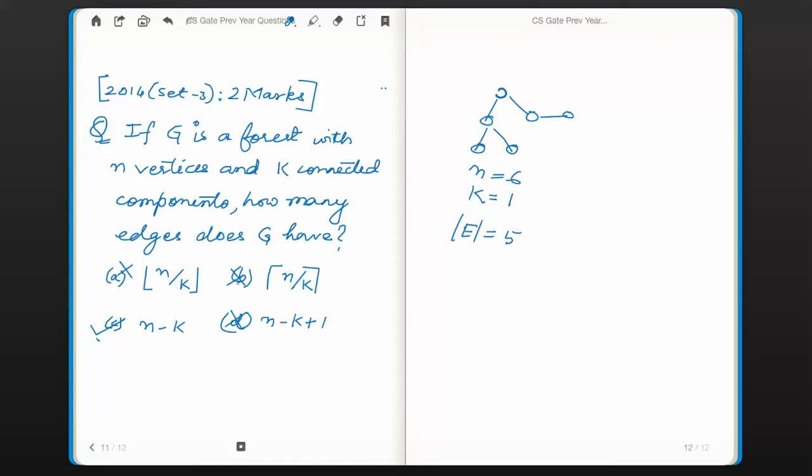The options which are giving incorrect values would be eliminated, and if we can eliminate 3 options, then the remaining one would be the answer. So here, by taking the first example itself, we have eliminated all 3 options, only 1 option is left, so this would be the answer, right?